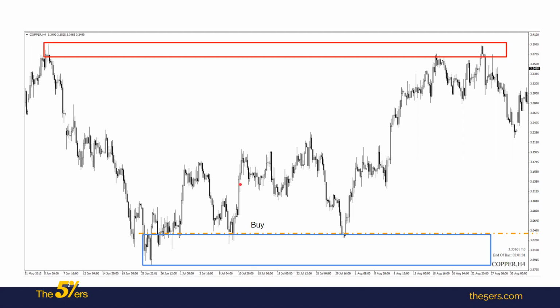And while we are buying the dips and selling the peaks, we are fortunate to have a great risk-reward ratio. So how do we plan the trade?